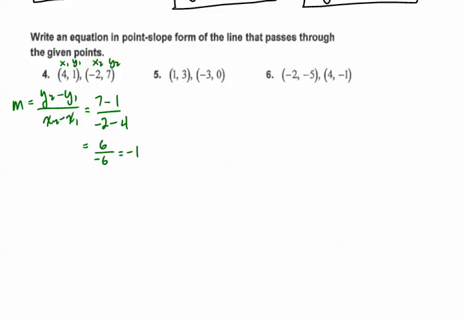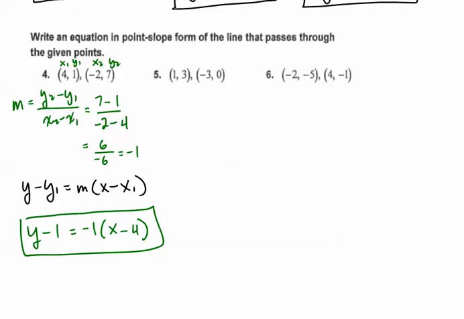Now all we have to do is write the equation in point-slope form. Pick either point, we'll use the first one: y minus 1 is equal to -1 times x minus 4, and that is our equation in point-slope form. We'll go on to the second one. We'll label x1, y1, x2, y2.